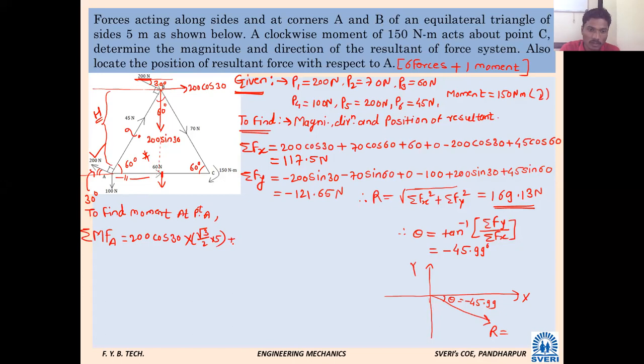Clockwise. Again clockwise means positive. So 200 sine 30 into the perpendicular distance between the line of action of that force and point A, which is 2.5. Very good. I was expecting the same. It will be half of the total side. Next.